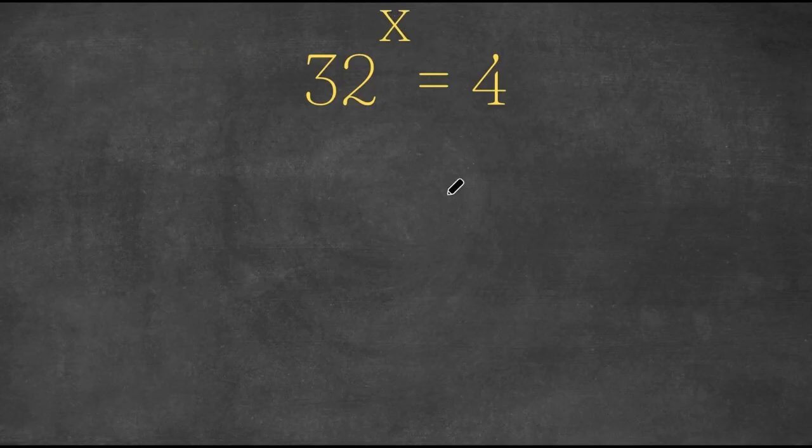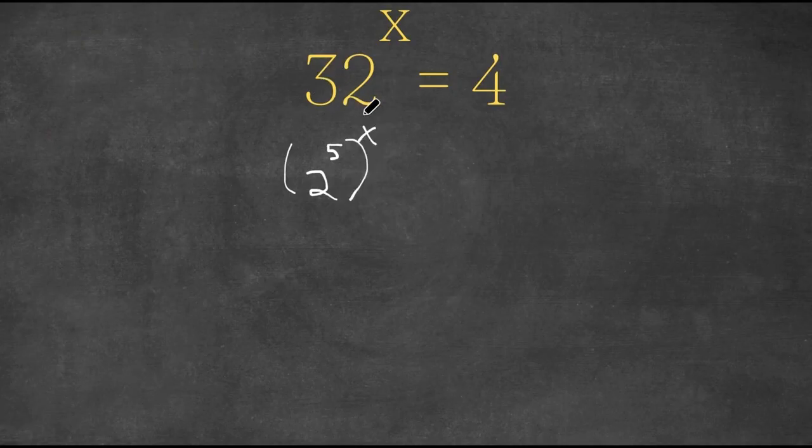So what we're first going to do is we're going to change our 32 here into 2 to the power of 5 to the power of x.